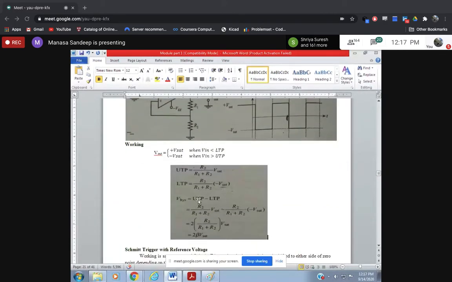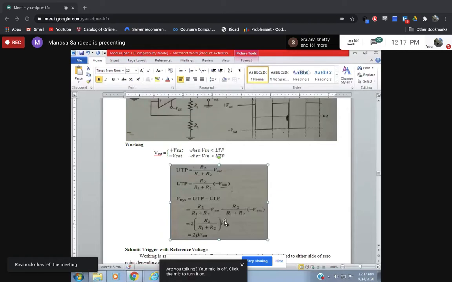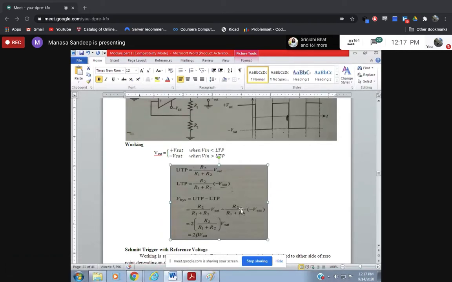So when you take the difference of these two, UTP minus LTP will give you the hysteresis. Here I have the formula for UTP and the formula for LTP. This minus of minus becomes plus, correct? So we have just added these two. So you will have 1 plus 1, which is 2, into R2 divided by R1 plus R2, into V saturation.